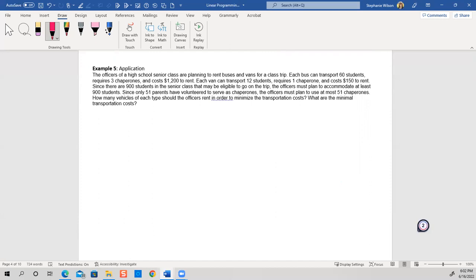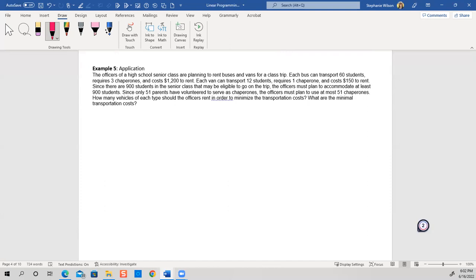Since there are 900 students in the senior class that may be eligible to go on the trip, the officers must plan to accommodate at least 900 students. Since only 51 parents volunteered to chaperone, the officers must plan to use 51 chaperones.